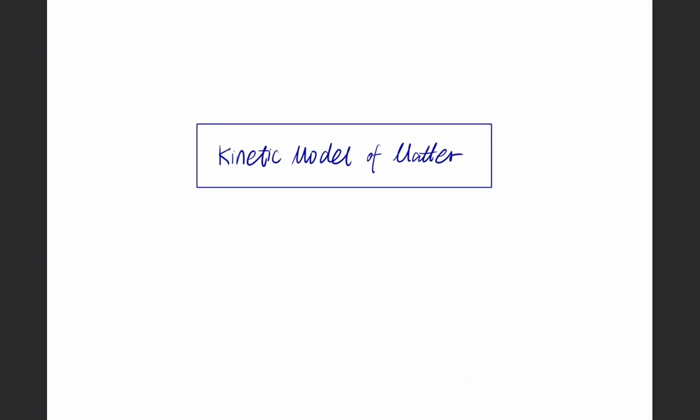Good morning, everyone. Today we'll be doing an overview on the kinetic model of matter. I will briefly run through the skeleton of this video. Firstly, I will address the kinetic model of matter, and then it will be shown to you through the three different states of matter, which have their principles based off the kinetic model of matter.